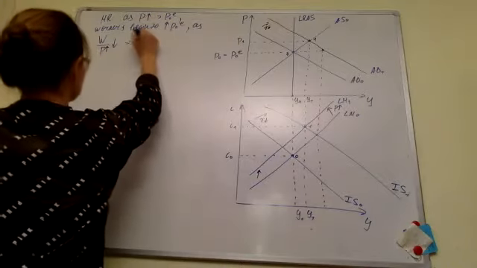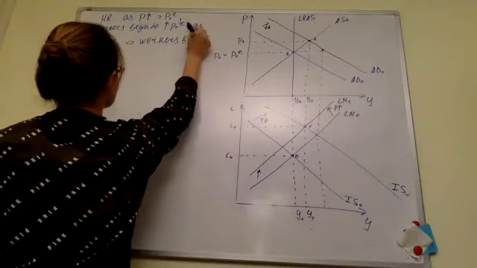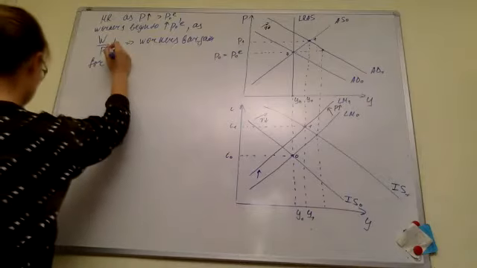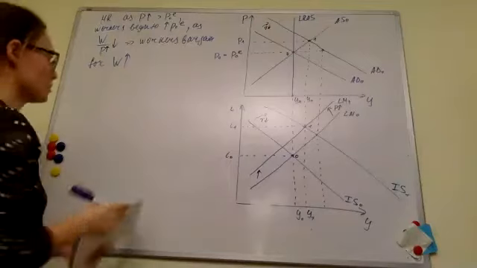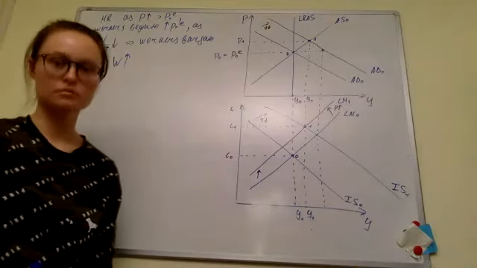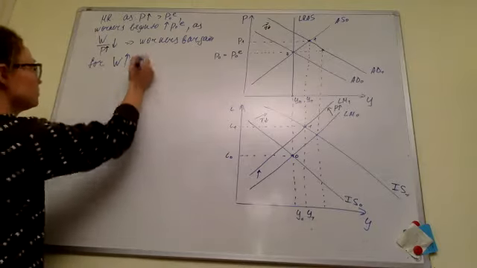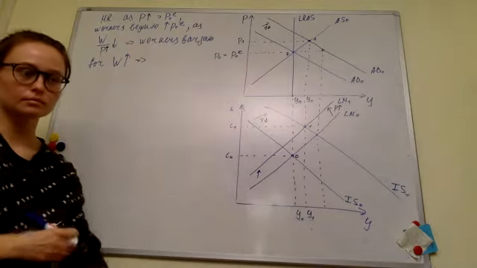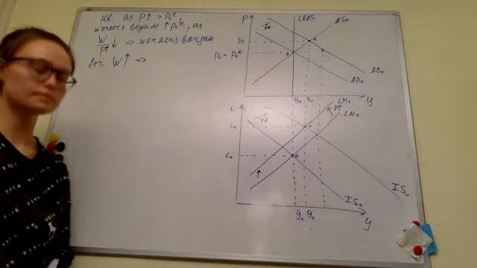So workers bargain for higher nominal wages. Does this mean that costs of products will also be higher? Because when people's wages are high, the price of products is higher.